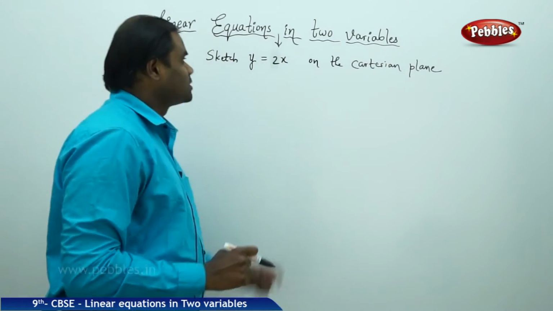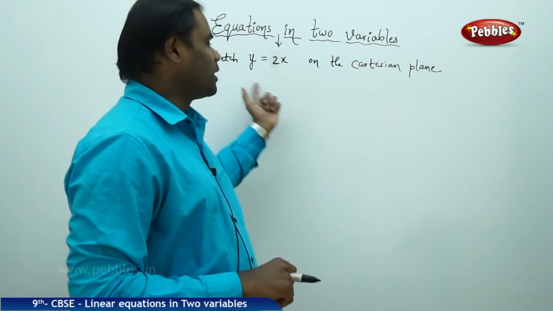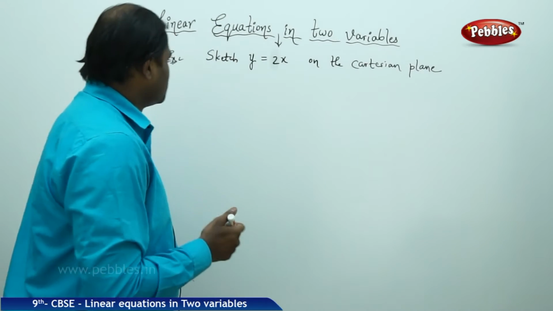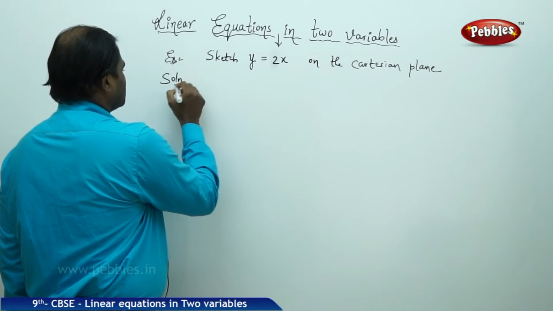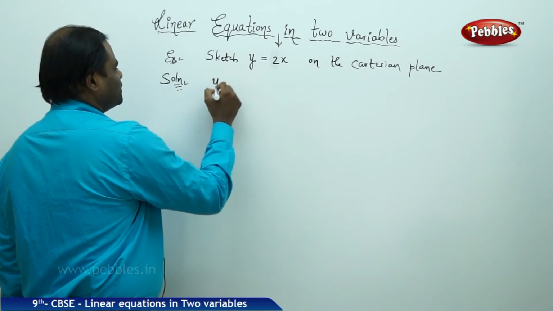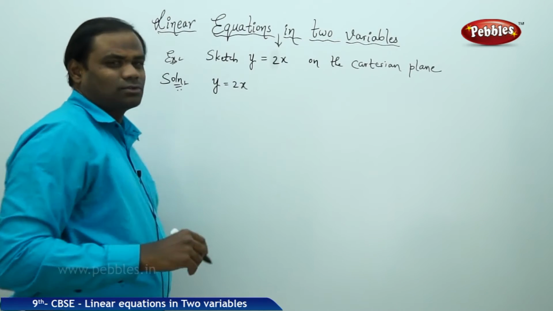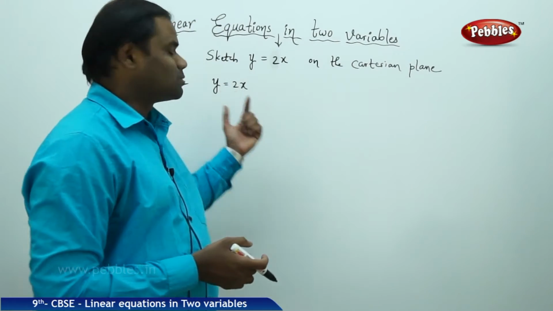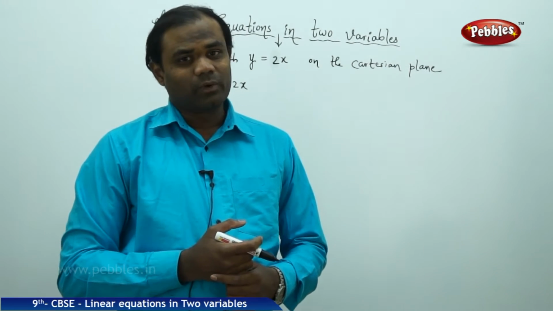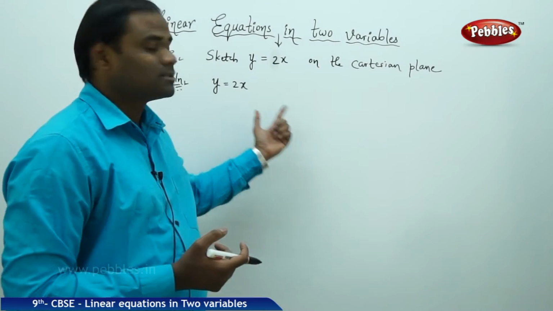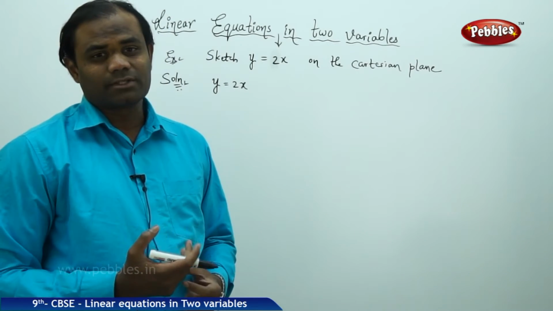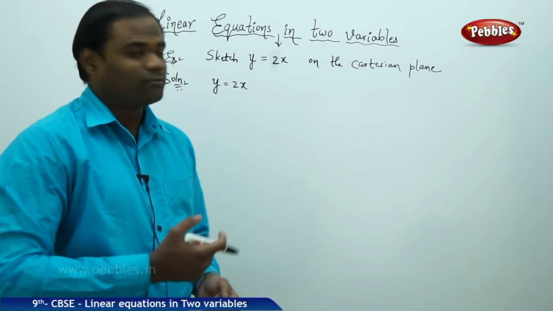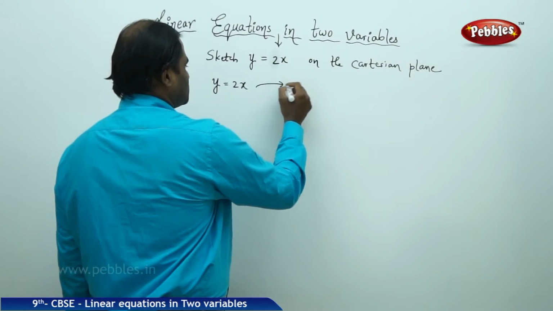So let's see how this linear equation in two variables x and y with its special case looks in the Cartesian plane. Now, as we know that the given equation is y is equal to 2x, where the constant is missing, it's clearly in the form y is equal to ax plus b, where the constant is 0. Therefore, this line must pass through origin in the form y equals kx.